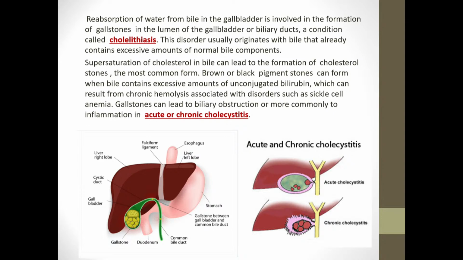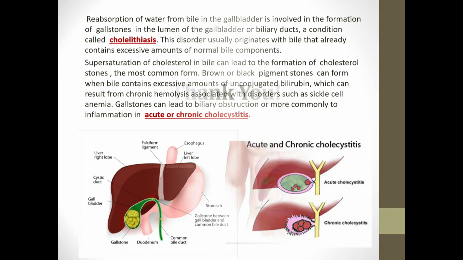Supersaturation of cholesterol in bile can lead to the formation of cholesterol stones, the most common form. Brown or black pigment stones can form when bile contains excessive amounts of unconjugated bilirubin, which can result from chronic hemolysis associated with disorders such as sickle cell anemia. Gallstones can lead to biliary obstruction, or more commonly to inflammation in acute or chronic cholecystitis.